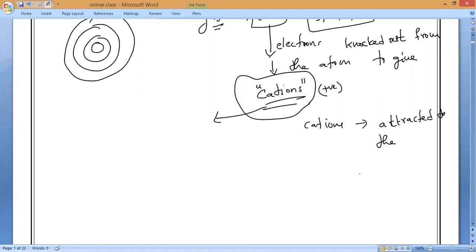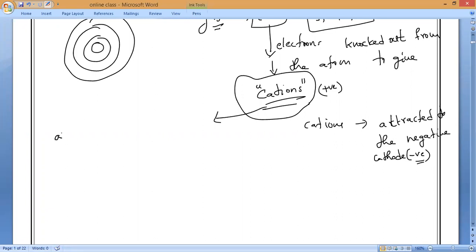Who is the negative one? The cathode. All cations are attracted to the negative cathode. Cathode is negative charge. Is it right or wrong?